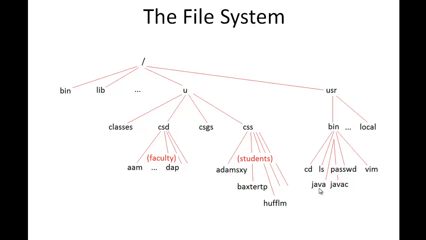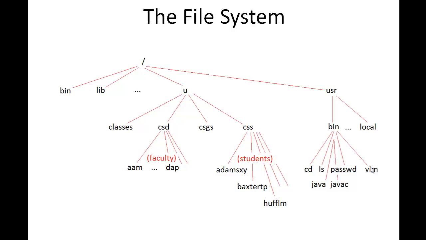So the Java virtual machine program is here, so is the Java compiler. Password is here, and an editor that we're going to learn called Vim has its program housed in this bin folder.